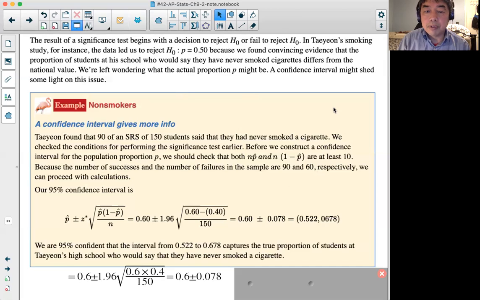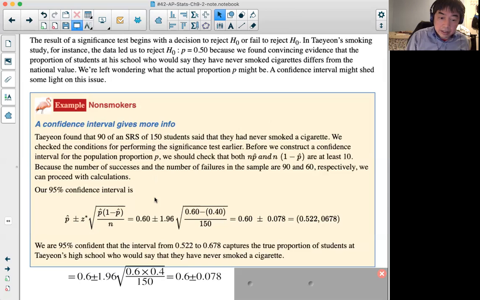I hope you remember the mean is 0 and the standard deviation is 1. Left or right, whichever, so I would choose left. And paste. So it's going to be 1.96. So plus minus 1.96 and the standard error.